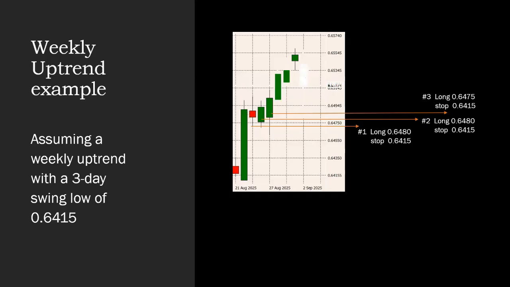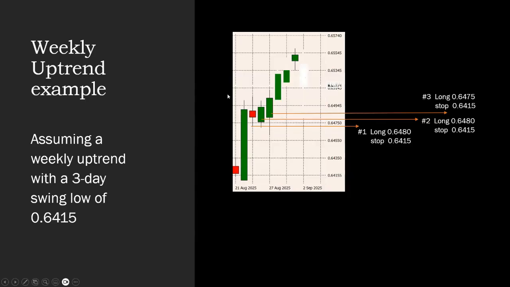Let's say the next day, we had a dip where the price, if you look at the lower part of this bar, was below the daily. And so we had a potential long at 6480 or thereabouts with a stop loss at 6415.